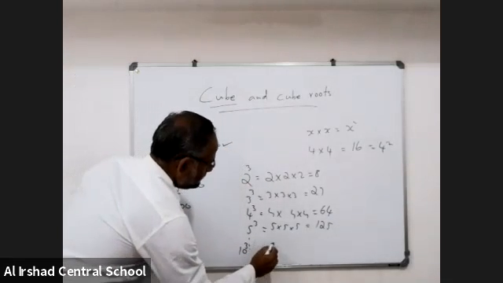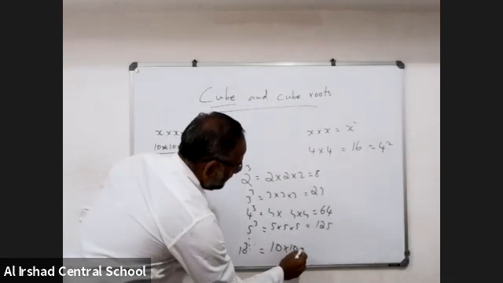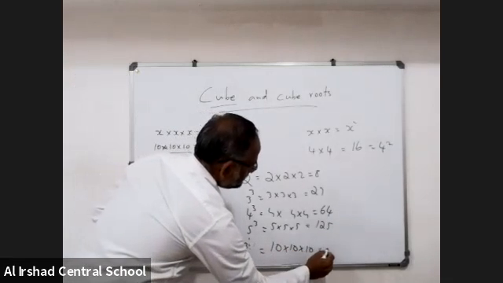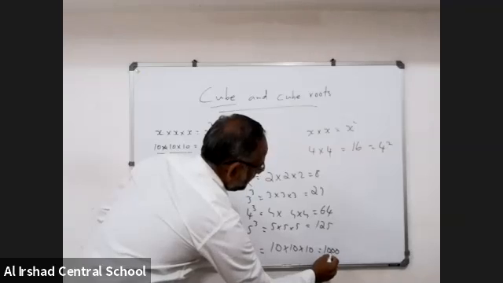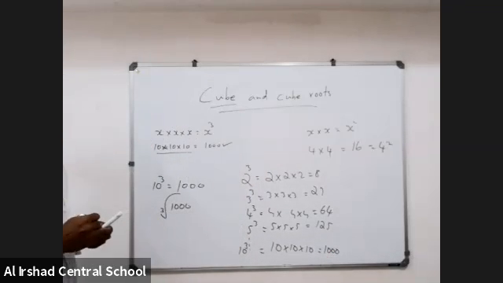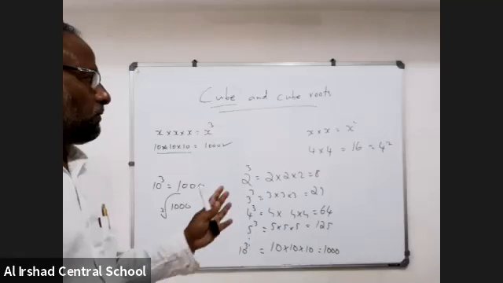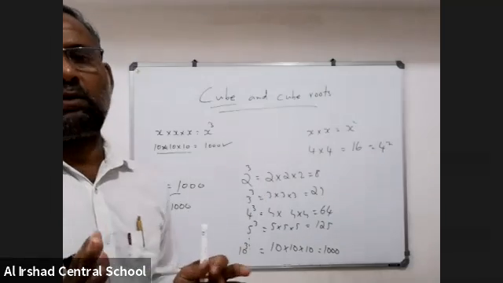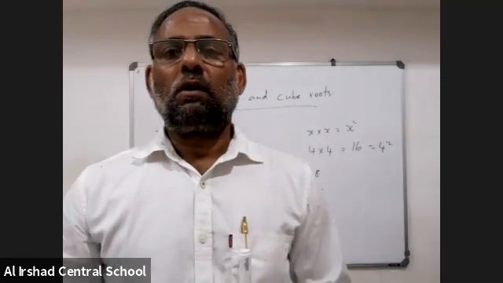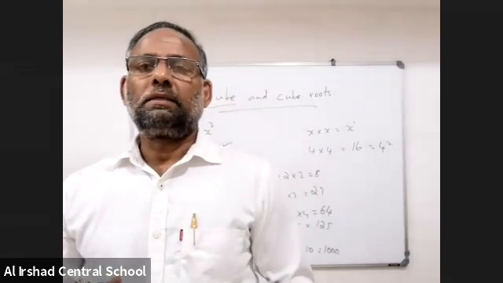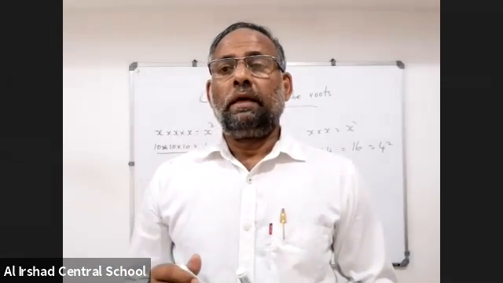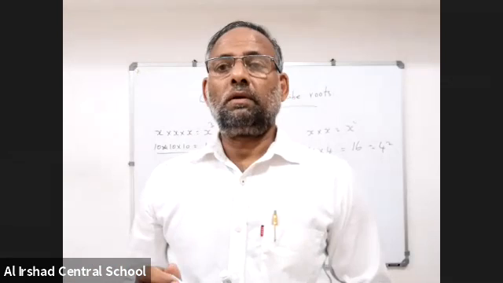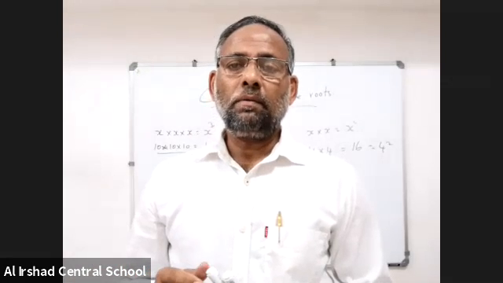That means 1000. These are called perfect cubes. Before that, we studied perfect squares. For perfect squares, we study the square root of that. How can we take the square root? Square root of 100 is 10. Then square root of 25 is 5.